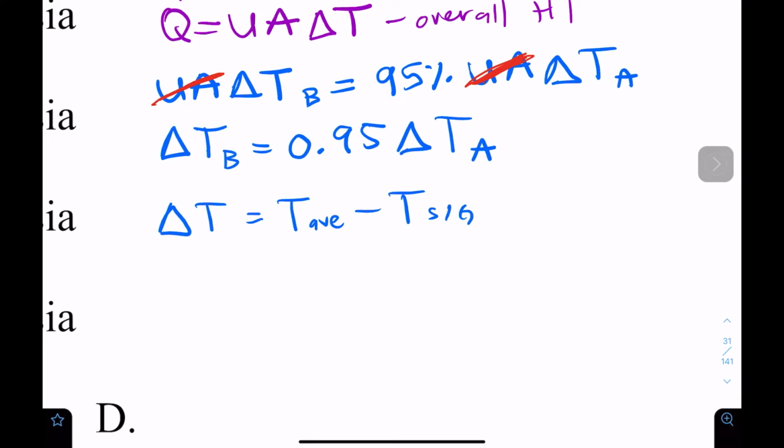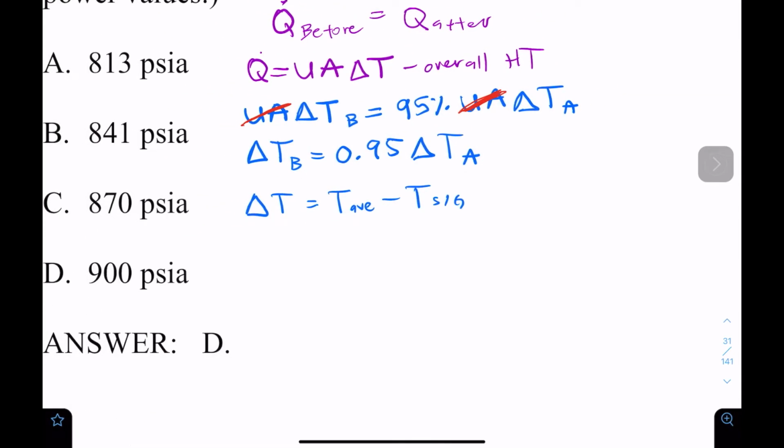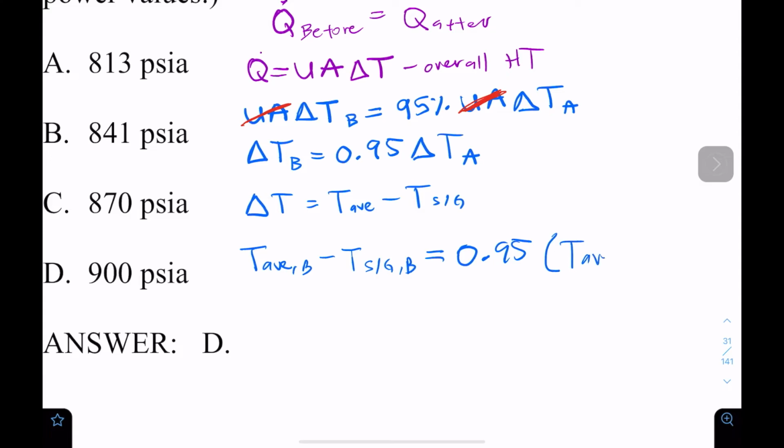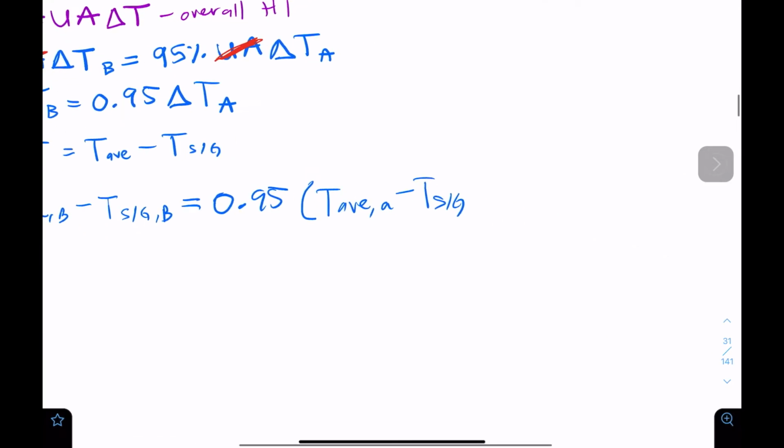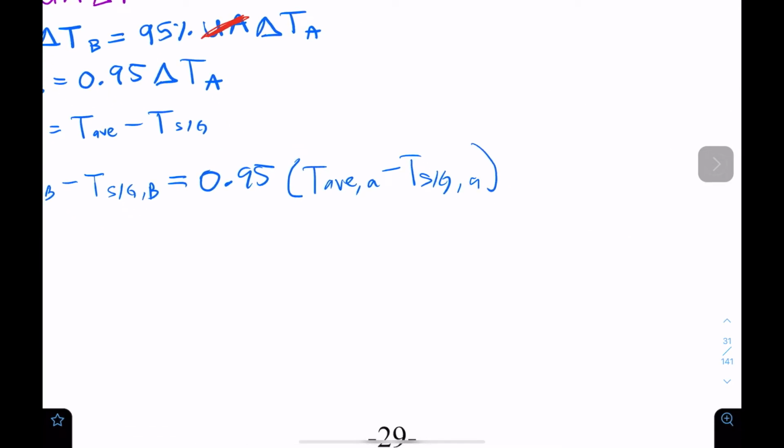Okay, so now I'm going to apply that to both sides of the equation. I'm going to have my temperature average before minus my temperature of the steam generator before, equal to my 0.95 times temperature average after minus temperature steam generator after.